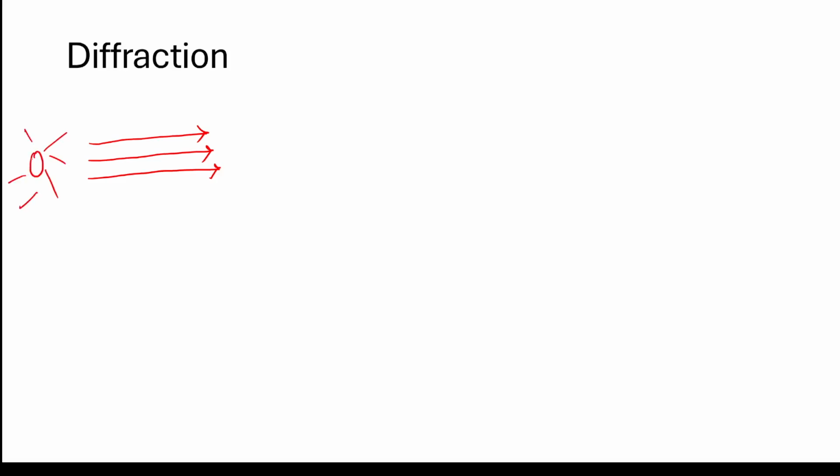Whenever this light ray meets an obstacle, say it hits a slit, but this slit is very small, so small that this small d here is almost equal to the wavelength of light. The wavelength of visible light is in the order of around 400 nanometers, so you want the slit to be this small.